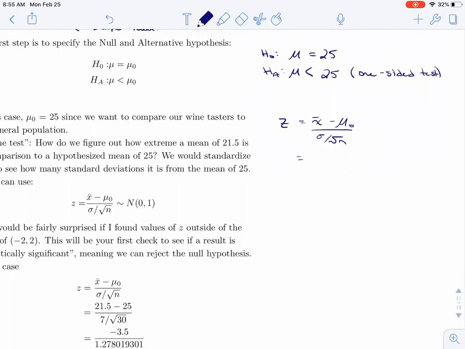Our x bar, our sample mean, is 21.5. How far is it from our hypothesized mean of 25?